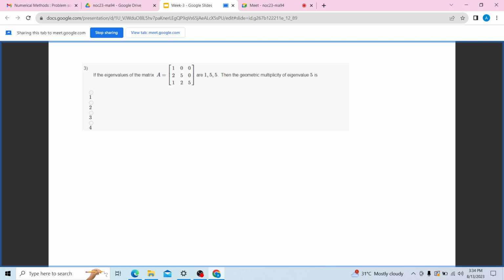Rank of the matrix A minus 5I. Because for an eigenvector, what do we calculate? Ax equals lambda x. Here the eigenvalue is 5, so lambda equals 5. So the matrix is A minus 5I.